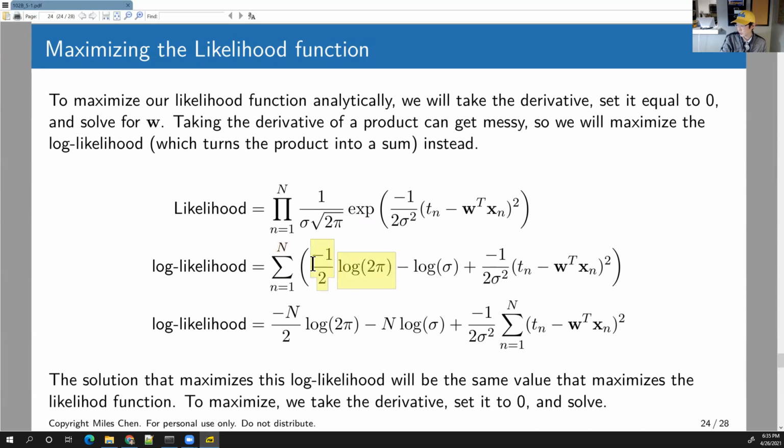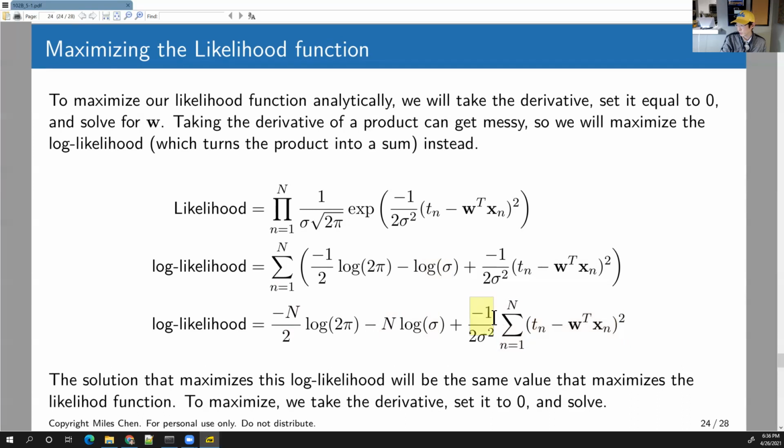These are all constants, so when you take the sum of N of them, it's just multiplied by a big N. This is also a constant with respect to W. The only thing being modified is W. The summation applies only to this part over here.